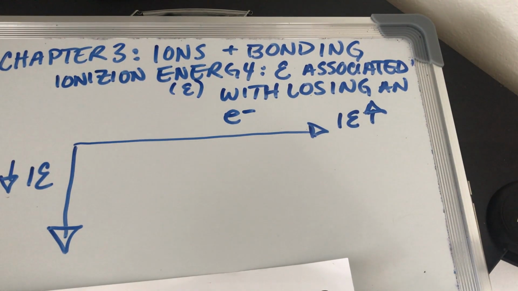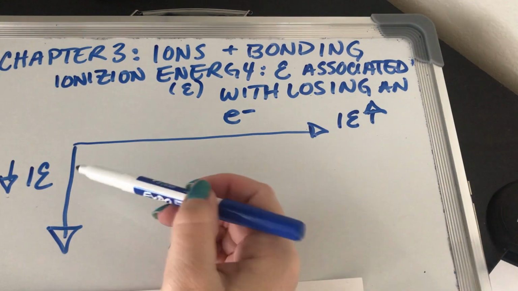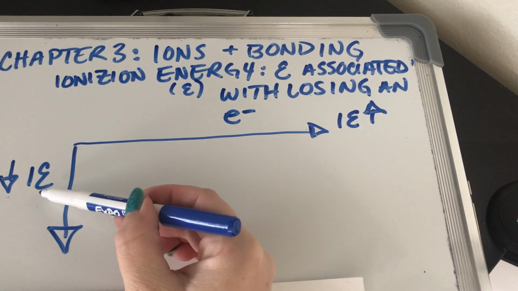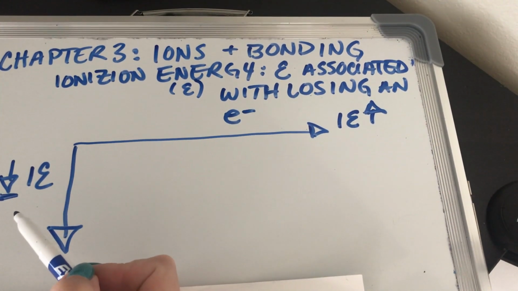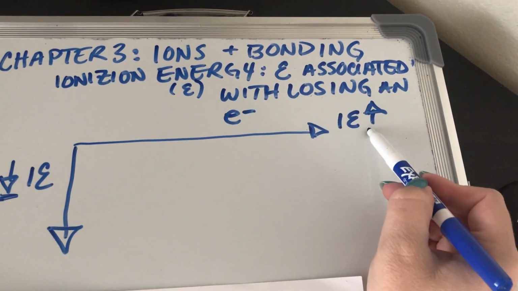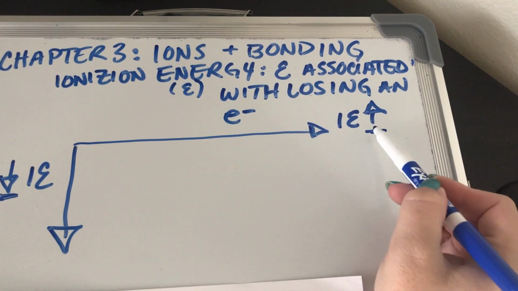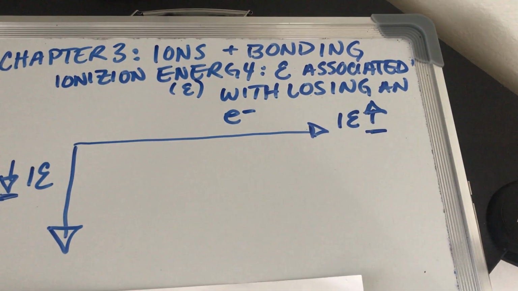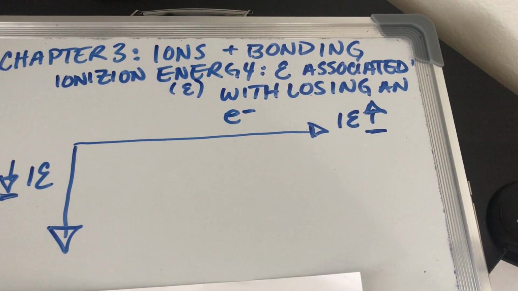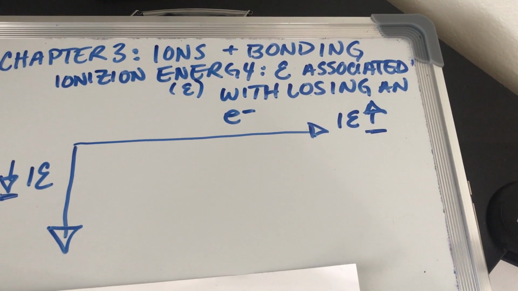It does. Right? So here, as we go down the periodic table, ionization energy is decreasing. Here, as we go across, the ionization energy is increasing. I would just advise you guys generally not to try and memorize these trends. I think it's much easier to understand why this is happening and then be able to rationalize that.